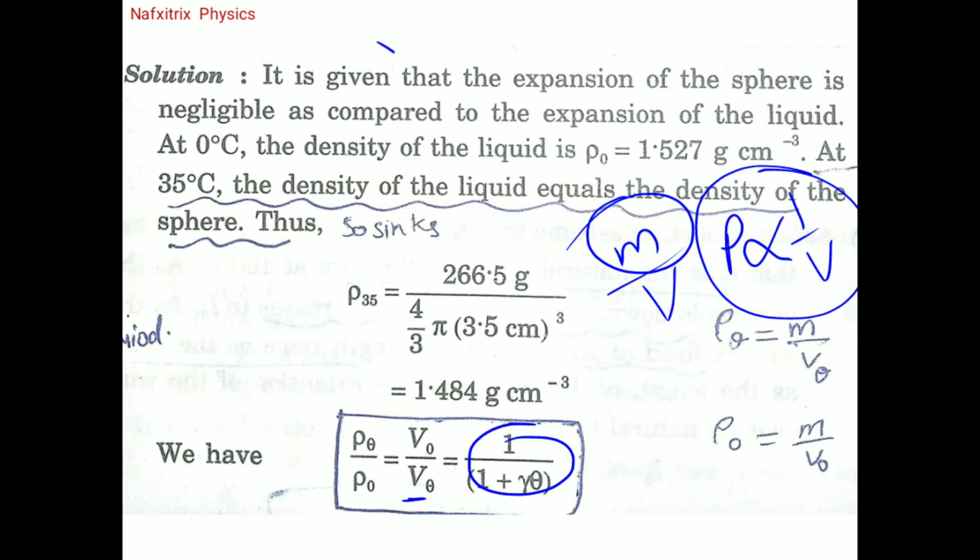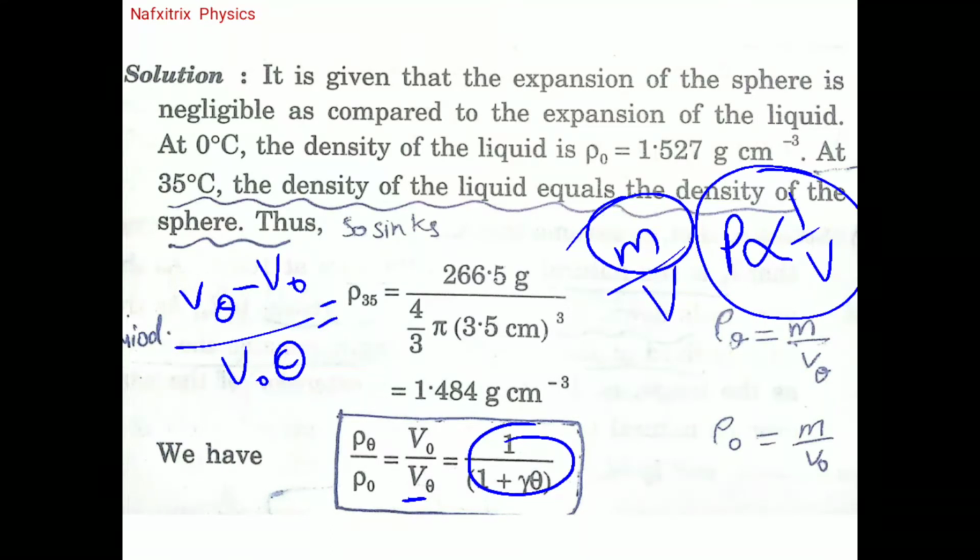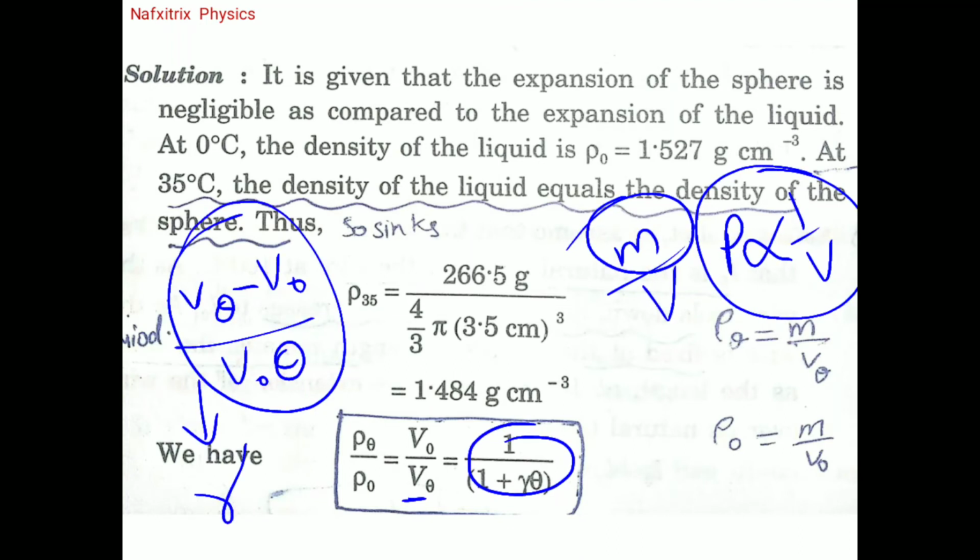We know that V theta, the volume at some particular temperature, satisfies V theta minus V naught by V naught into delta T equals gamma. This is nothing but gamma, the volume expansion coefficient.